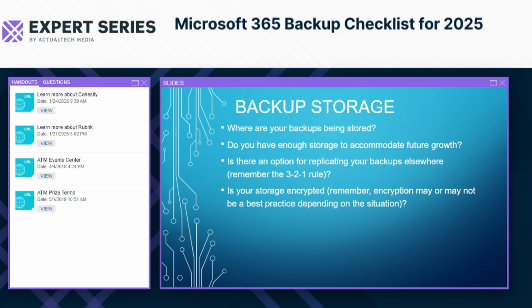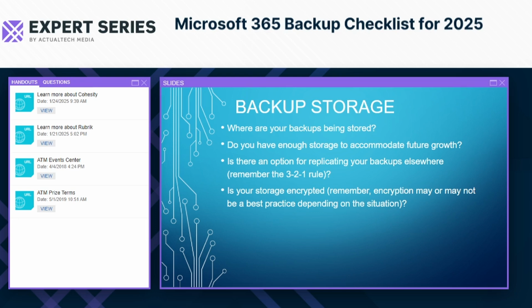The idea behind the 3-2-1 rule is that you need to have 3 copies of your data in order to fully protect that data. So those 3 copies being the original data and 2 separate backups. The 2 stood for backups stored on 2 different types of media, and then the 1 was 1 copy stored off-site. So that way, if your data center were to burn down, you've still got a backup that's stored somewhere else.